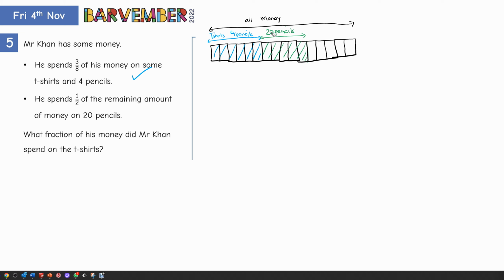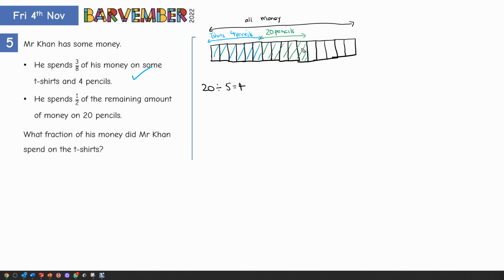Okay, now let's notice then. We've got a value here and we've got equal parts attributed to it. So 20 pencils and 1, 2, 3, 4, 5 equal parts. So 20 divided by 5 gives us 4.